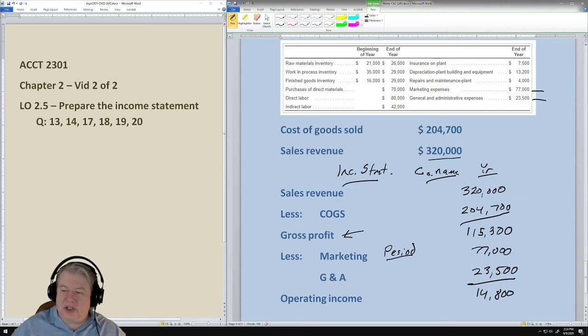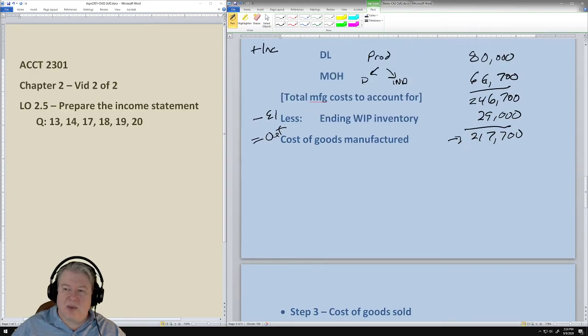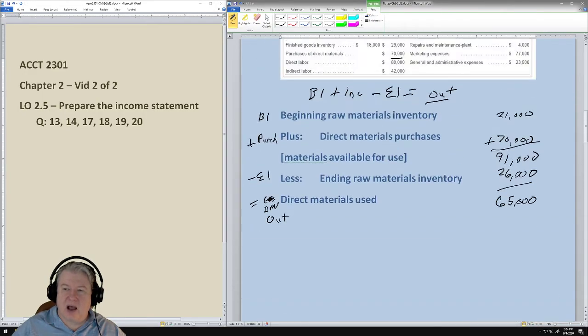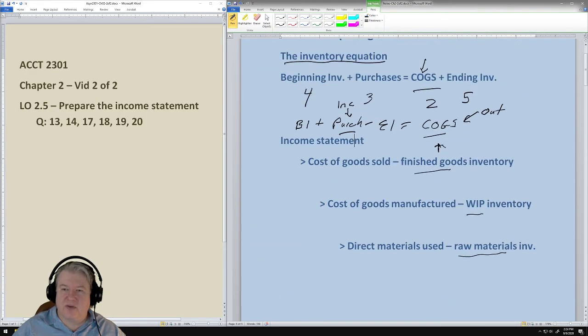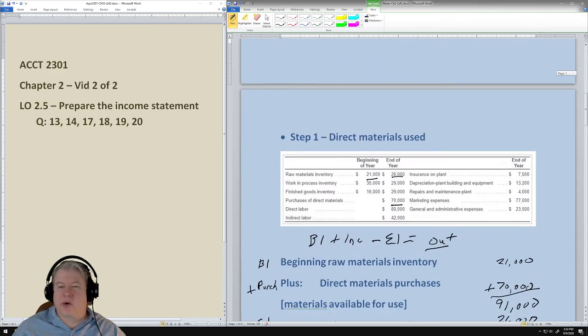Okay, so just as a quick review, when we're doing the income statement, we're going to be focusing on the three different types of inventory. We're going to be using this inventory equation in multiple different ways. The beginning inventory plus purchases, or beginning inventory plus incoming, equals COGS, or the outgoing plus ending inventory. We rework it to where we're calculating for something. And then we would progressively go through.